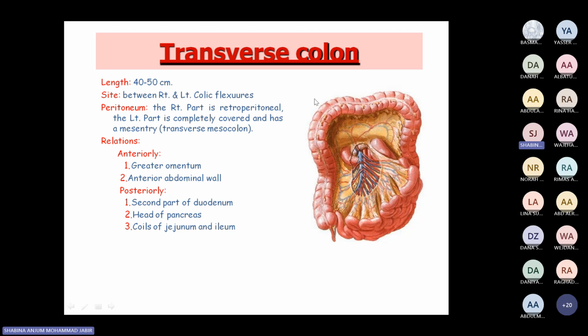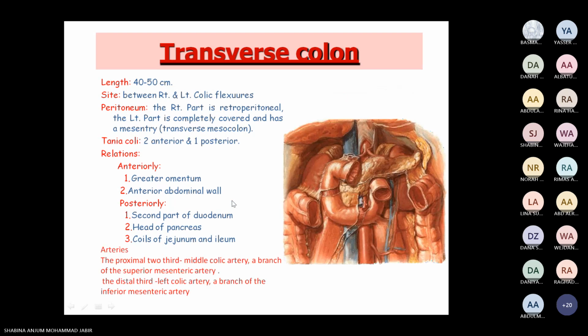Here you have cut open the transverse colon, so you can see the duodenum and head of the pancreas. This is the second part of the duodenum, and this is the head of the pancreas.